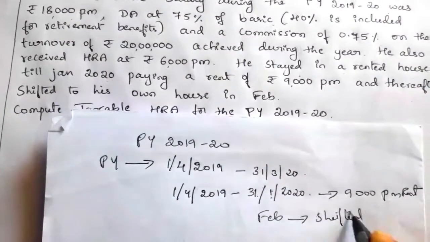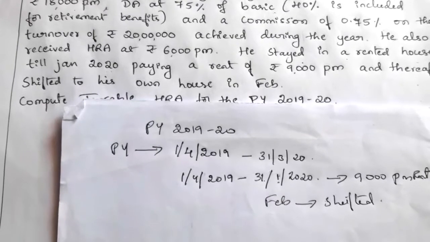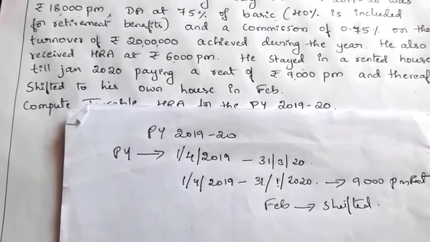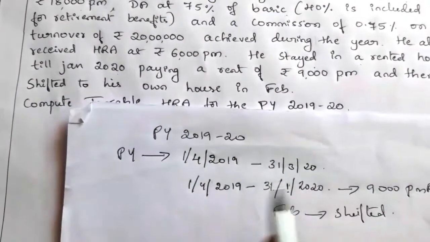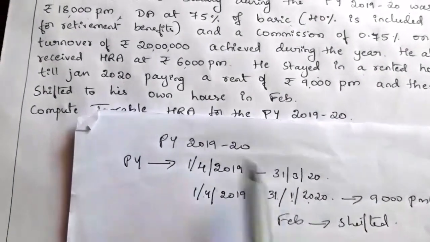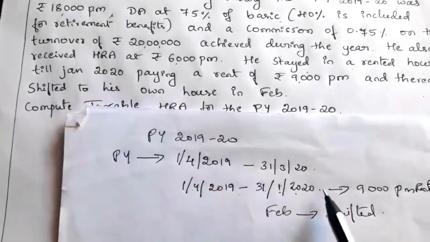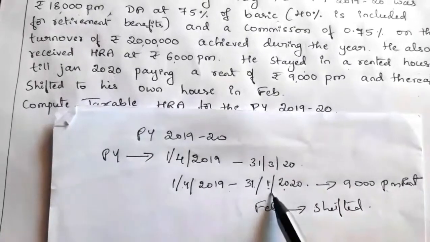So now what is the relevant period here? The relevant period is the number of months he has stayed in the rented house. That is from 1st April 2019 till Jan 2020, excluding the months Feb and March.